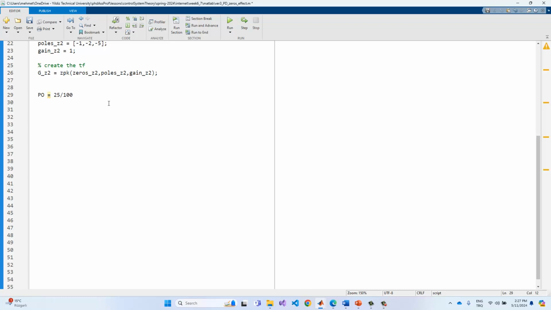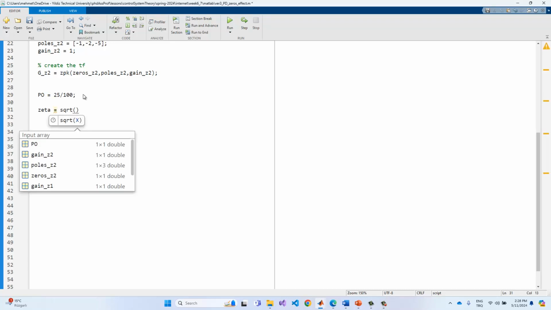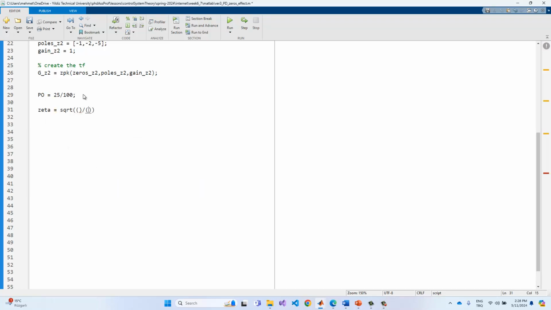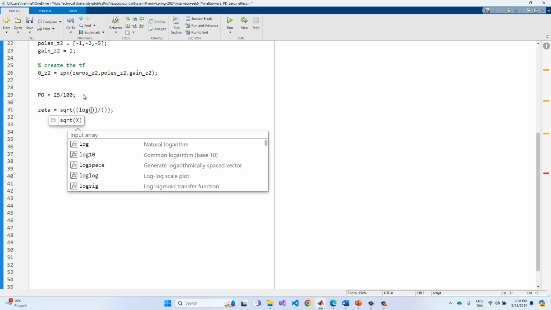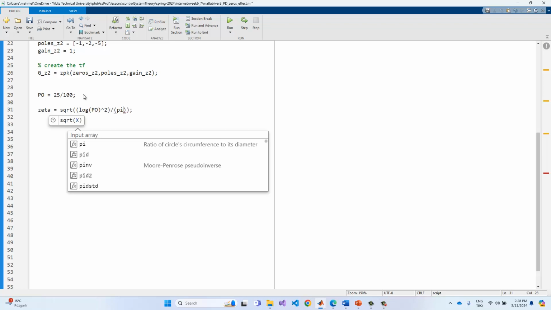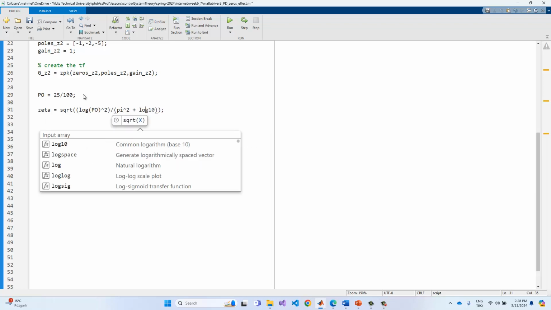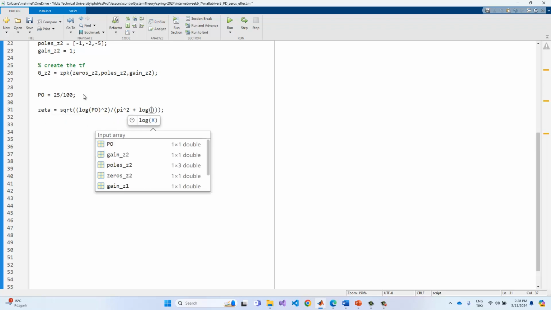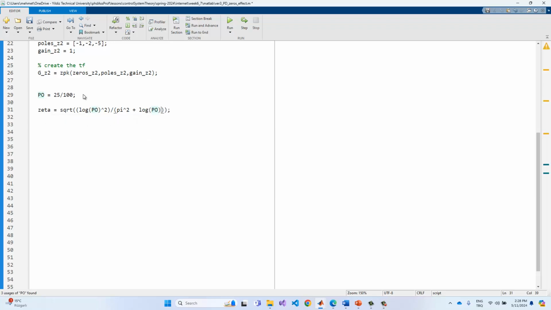Okay, these are the condition. Okay, and also we need to select the zeta value in here, just like this one, sqrt divided by, and the log PO square form in here, and pi square plus log PO square. Okay.